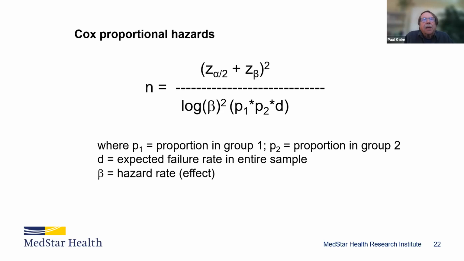And so this is the part of the formula here that we can vary depending on how big of an effect we want to see. And so the log of beta, the hazard rate, is just an odds ratio, or not an odds ratio, but a hazard ratio. So we can plug in here how big of a hazard ratio we would want to see. So a hazard ratio of 1 means that there's no difference.